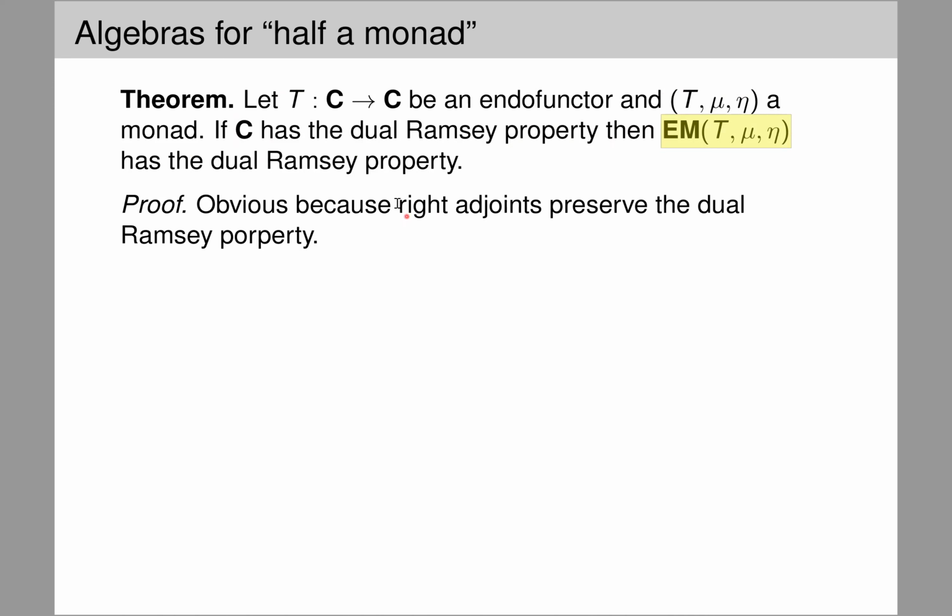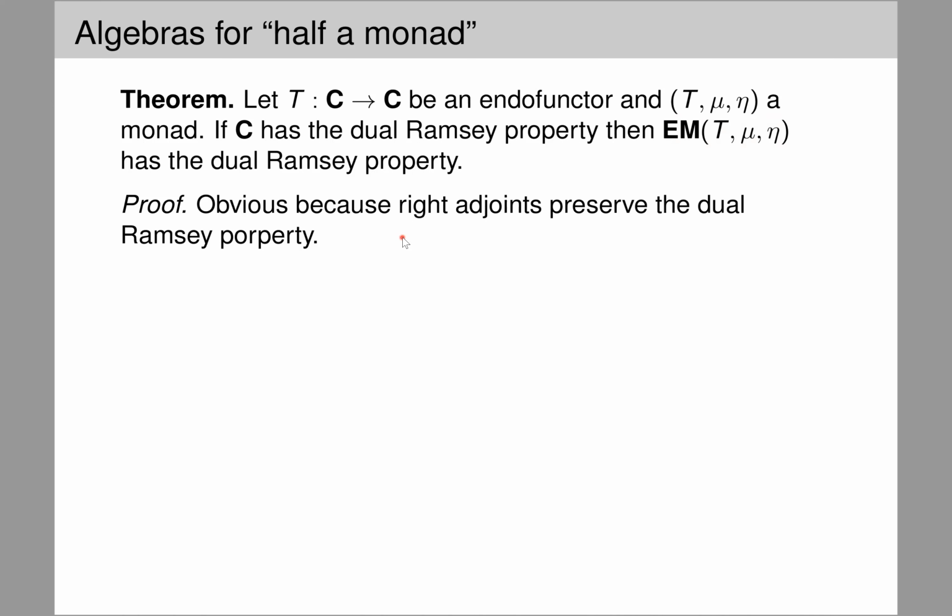This is straightforward because right adjoints preserve the dual Ramsey property, and this construction was actually made to prove that every monad can be produced by an adjunction. So right adjoints preserve the Ramsey property. That's easy to show, and EM comes at the appropriate side of a right adjoint functor, and that's it. So this is a straightforward statement with very easy proof.